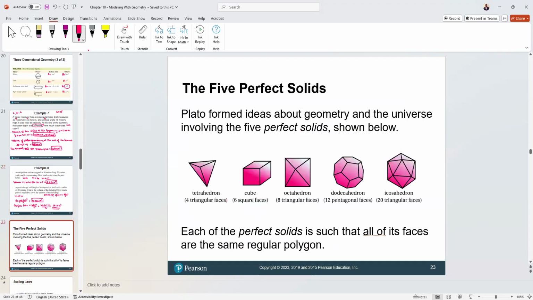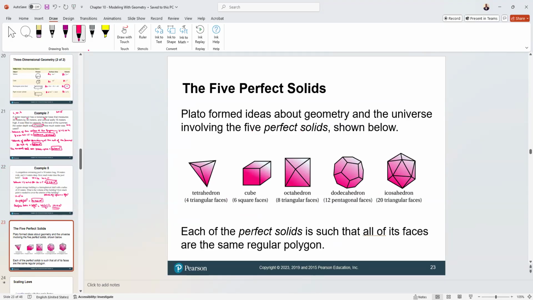To complete this, we need to speak about the five perfect solids. Plato formed ideas about geometry and the universe involving the five perfect solids. That's a long story that we could talk about.